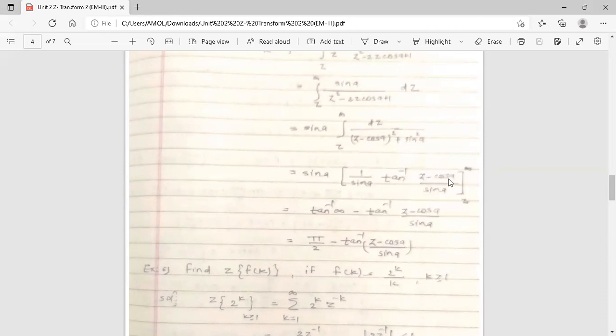So tan inverse of (z minus cos a) upon sin a, the second term as it is. Now the value of tan inverse infinity is pi by 2. So it is pi by 2 minus tan inverse of (z minus cos a) upon sin a.